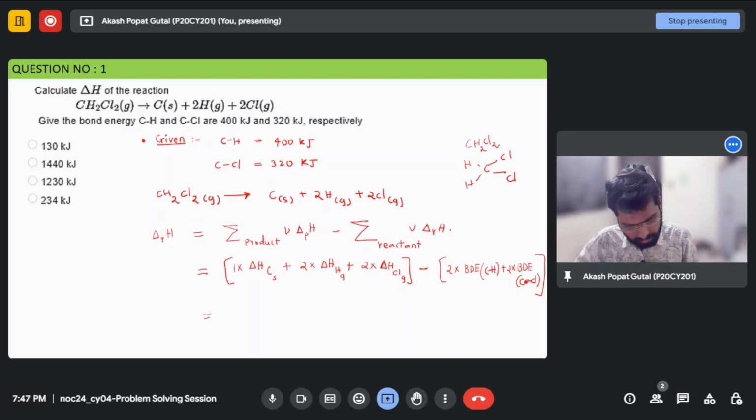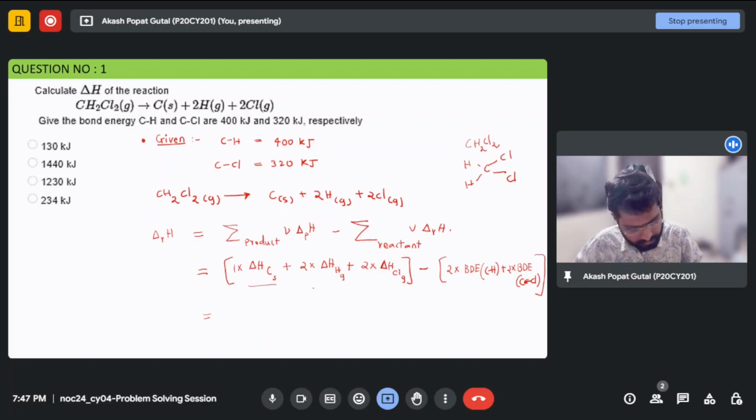By doing the calculation, we know that the standard delta H of formation is zero for elements in their natural form.